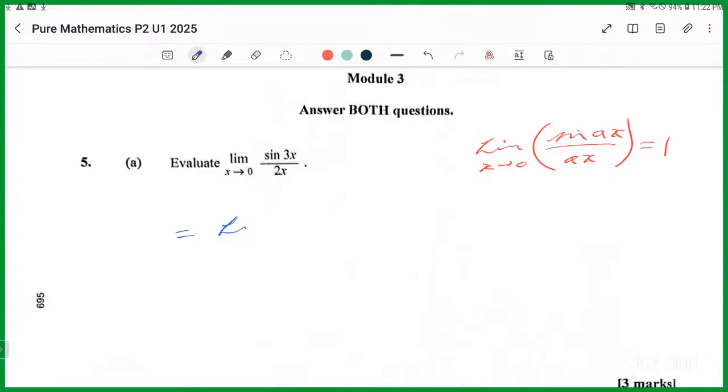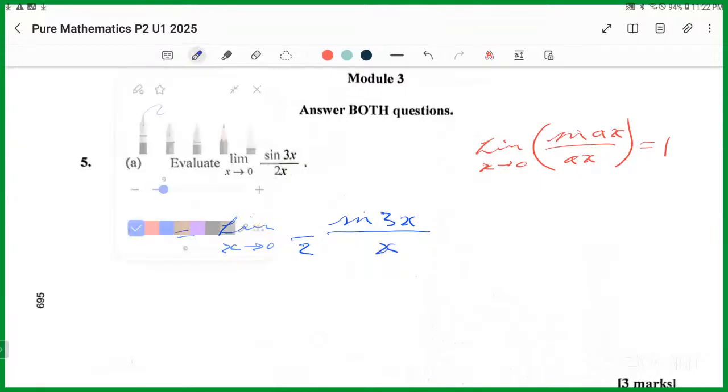It becomes the limit as x tends to 0 of sine of 3x over, moving away this 2 out here, I'm going to put the x down there, and that 3 on it. I'm going to put 3 on it to get the 3x and 3x, but I have to put back a 3 up here.